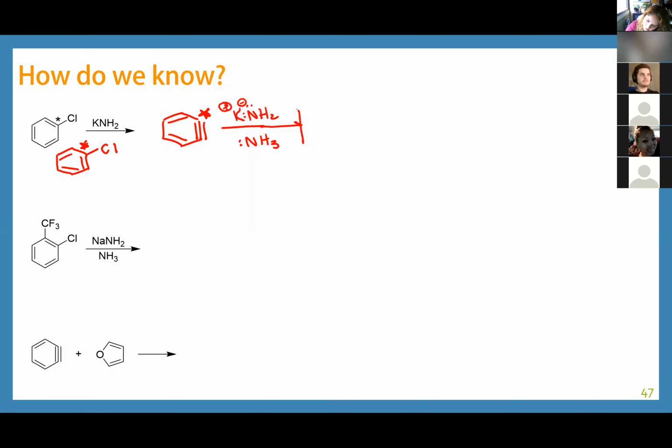And there are two possible outcomes here. You could end up with the amine group on the tagged carbon, or the amine group could end up on the other carbon.